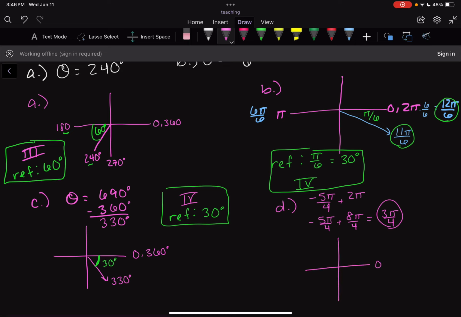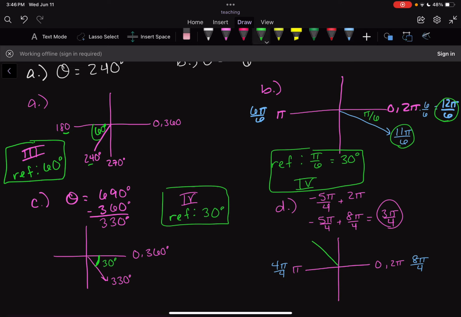So I know this is 0, this is pi, this is 2 pi. I need a denominator of 4, so I'm going to multiply both of these by 4 over 4. This gives me 4 pi over 4. This one gives me 8 pi over 4. 3 pi over 4 is definitely closer to 4 pi over 4. And it actually comes right before it.